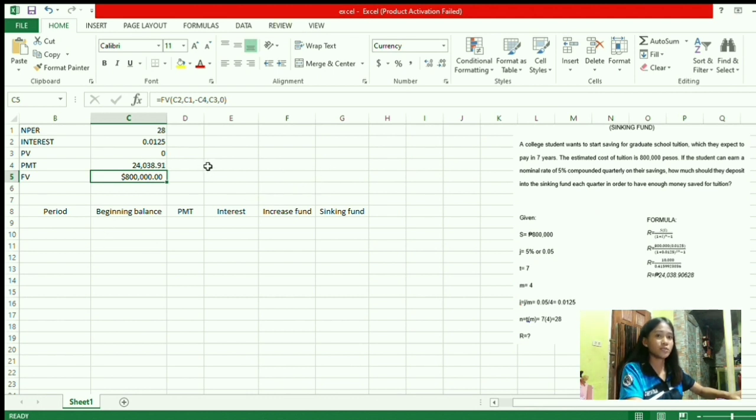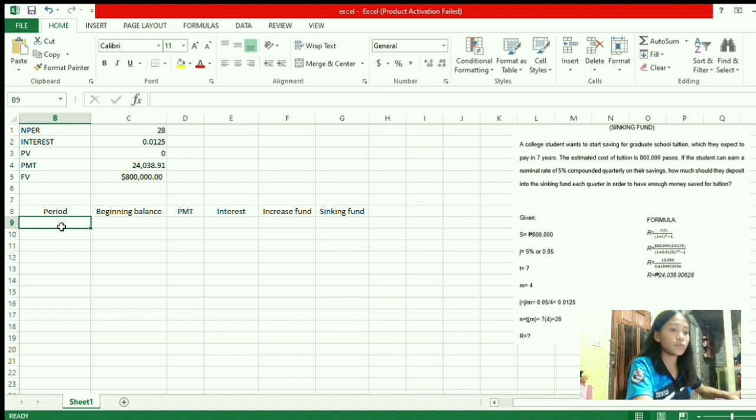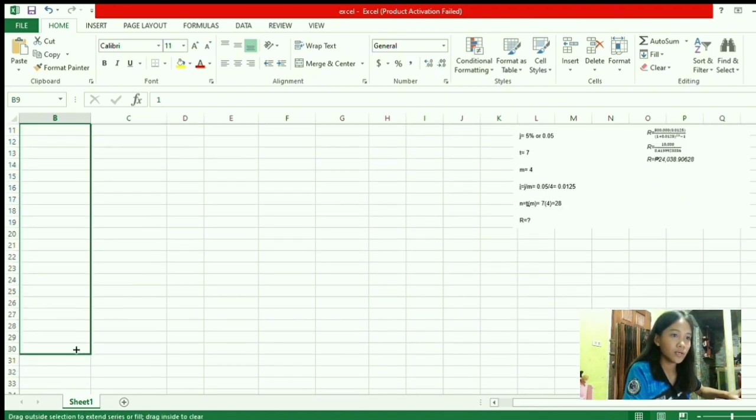So now let us move on to the sinking fund schedule using Excel. First, to get the period, put a 1 here, and then click the dot, drag down, and then click this and fill series.